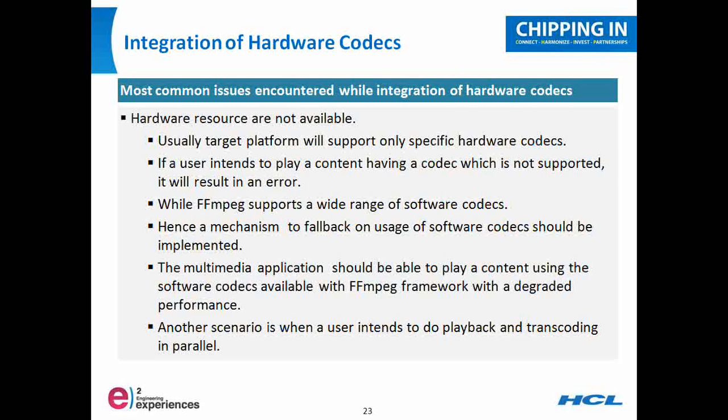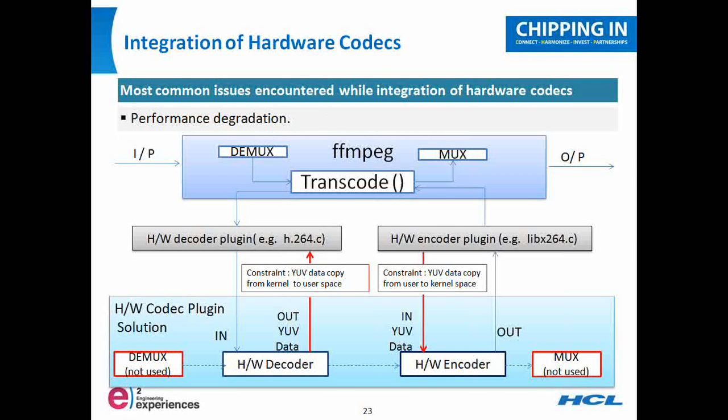So in that case also, there should be a mechanism where FFmpeg falls back to a software codec. By doing these kinds of techniques, there will not be any error. So it will be a robust system, and a user can be informed that FFmpeg is using a software codec, so the performance will be slow.